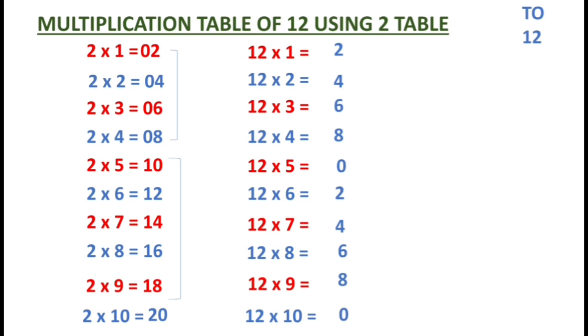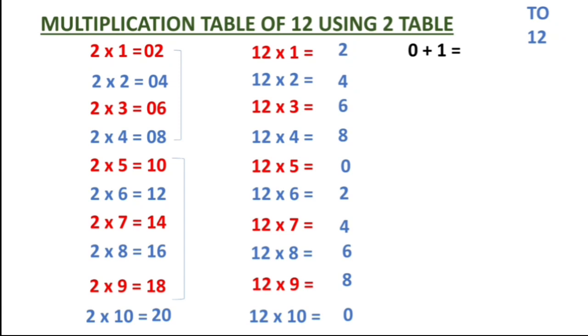It's very easy. So what we are going to do, I'm going to write the tens place of the 2 table, 0, plus in the 12 table, which is in tens place 1, correct? So I'm going to add the tens places, 0 plus 1. When we add 0 plus 1, what do we get? We get 1.